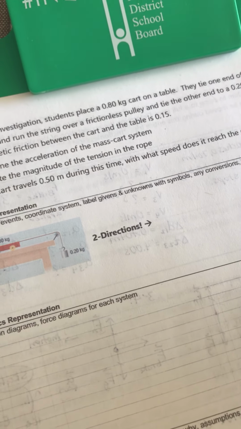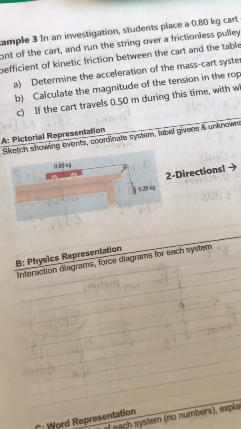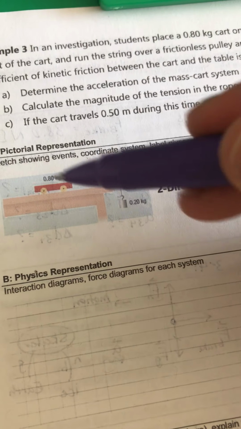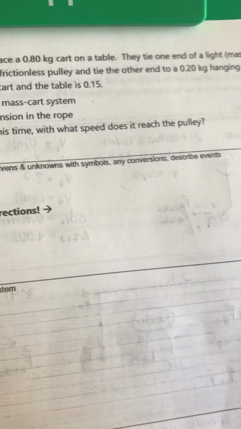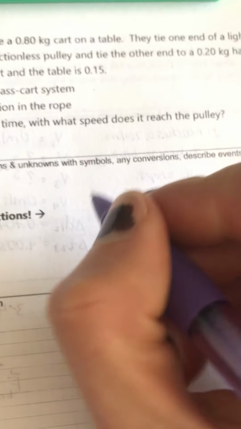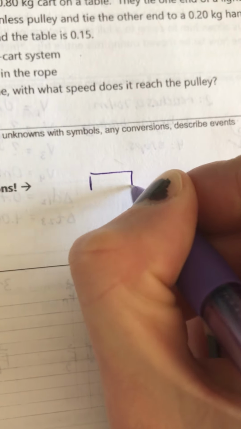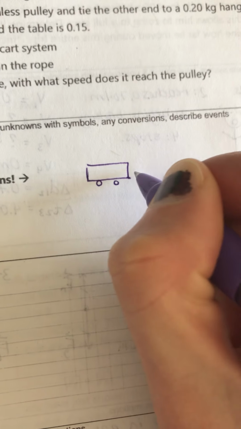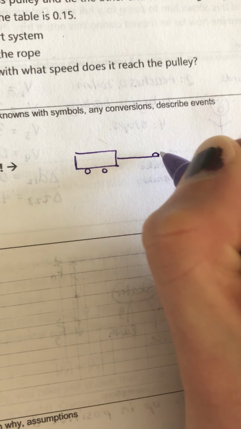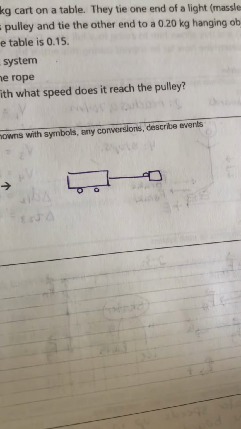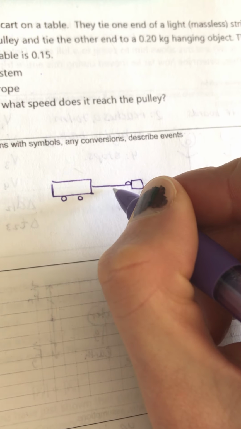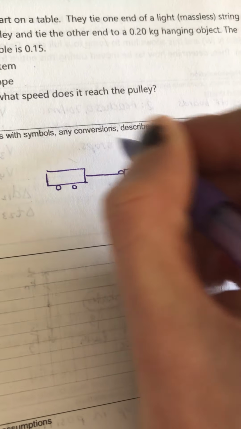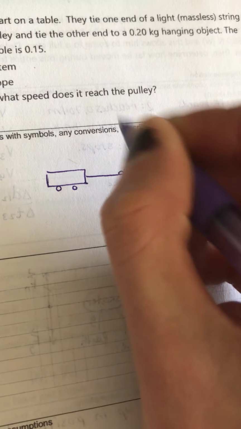Okay, so the way we set this question up is we turn this situation into sort of a left-right situation. So what I like to draw is kind of like this. So we got our cart, and we attach it to our mass, but our mass now is kind of, so the pulley would be somewhere in here in the middle, and our mass would be out and to the right.